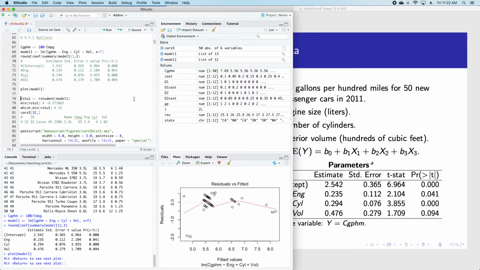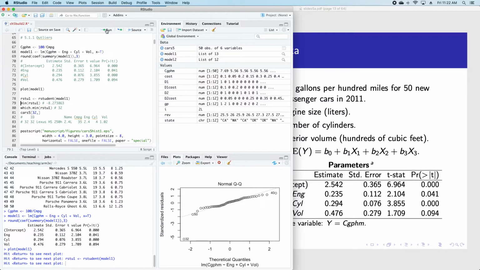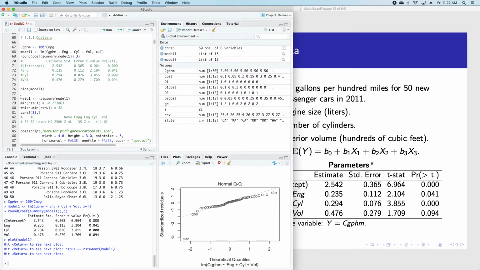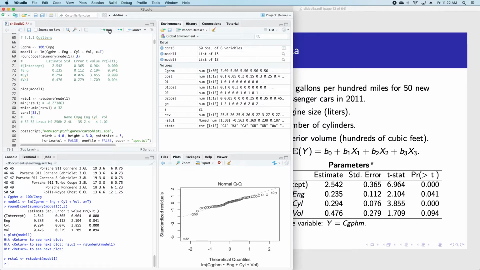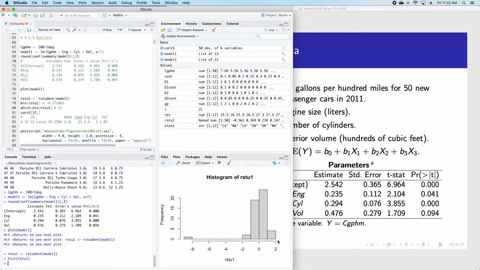So let's look a little more closely at this. Let's calculate the studentized residuals, and I could plot them in a histogram. Here are all my studentized residuals.